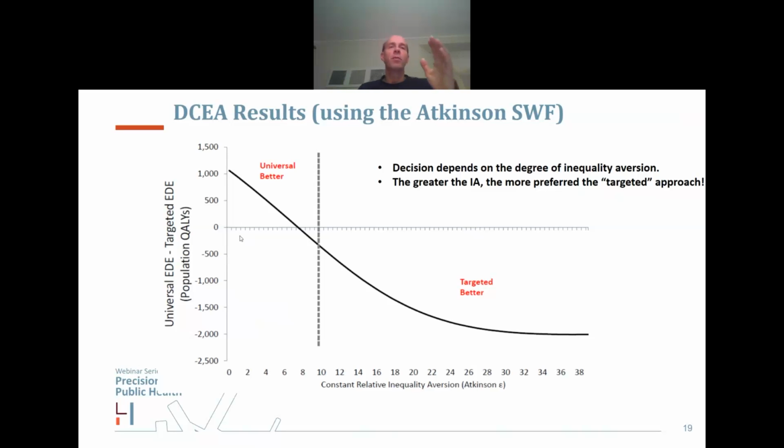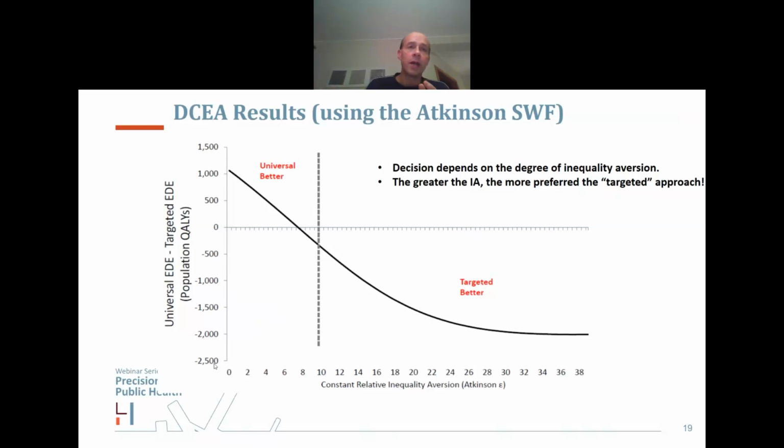And what this figure shows is a way to assess, given different levels of inequality aversion, which of the two approaches, universal versus targeted, is the preferred approach once you incorporate both overall net health benefits and equity.